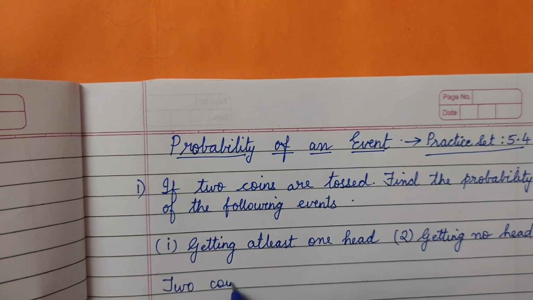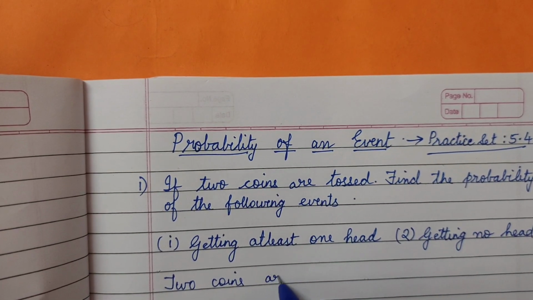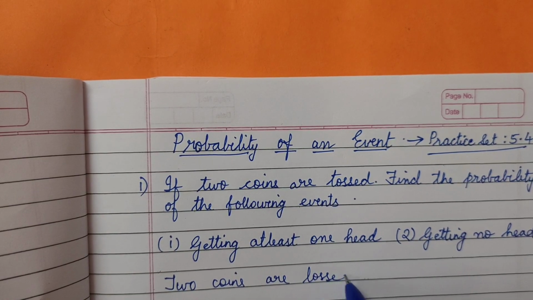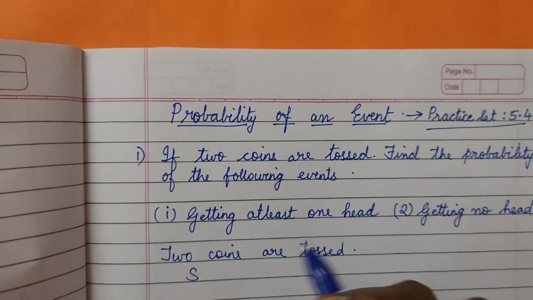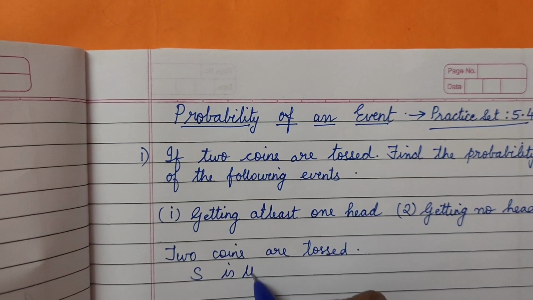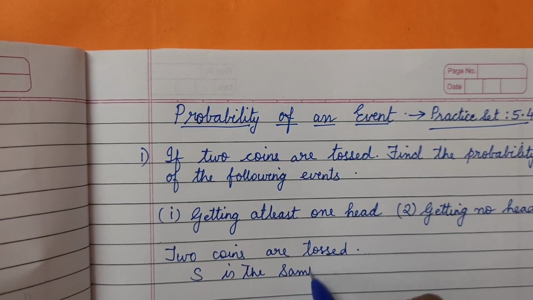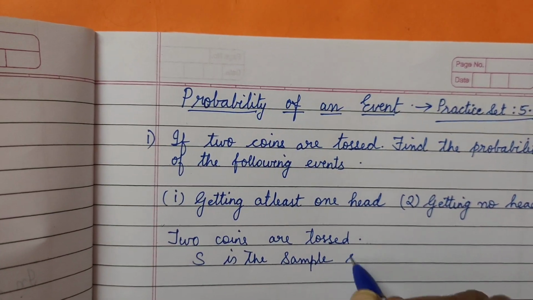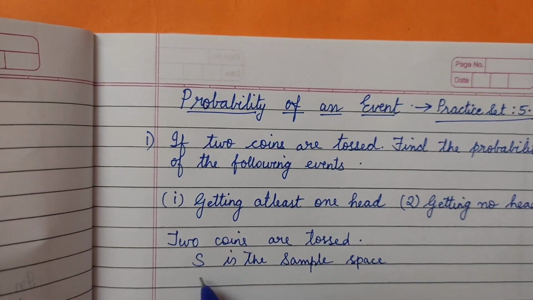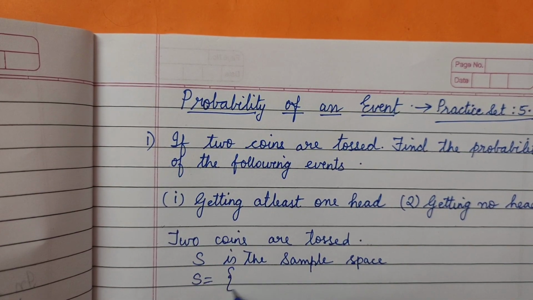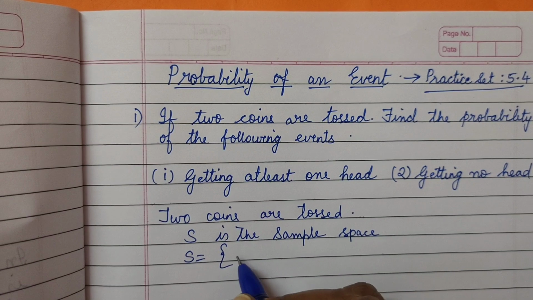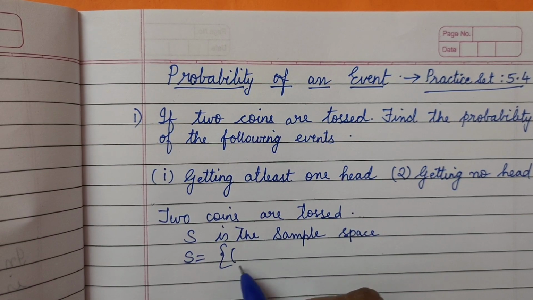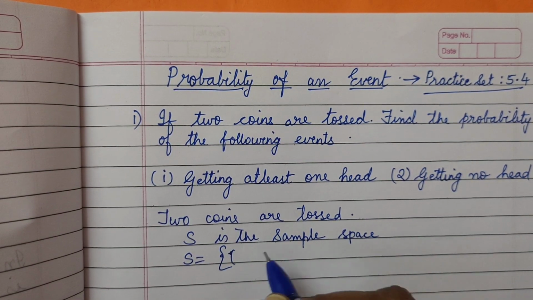Two coins are tossed. Once you have written the experiment, then we need to write S, the sample space. Once you have written that, we write all the outcomes of the two coins. If you want, you can put a bracket, but without a bracket also you can do it.